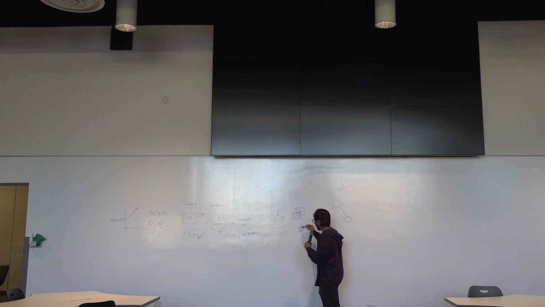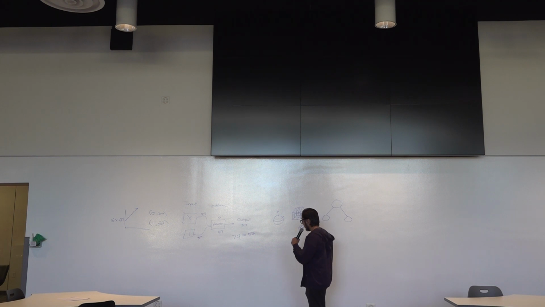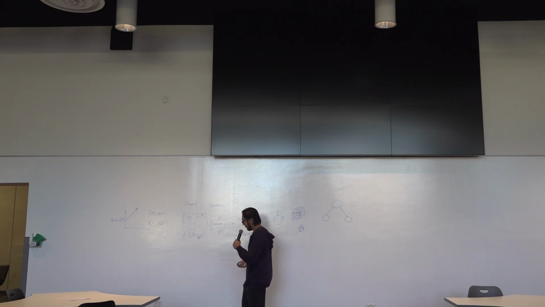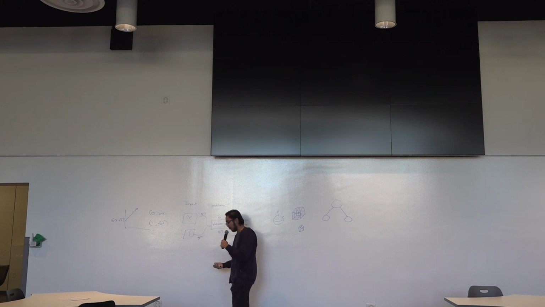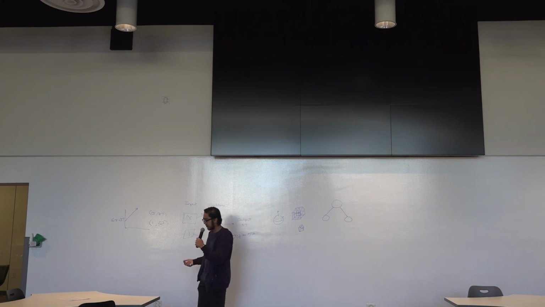But we can use that to generate a color value for each cube inside this hierarchical structure. And this presents the opportunity to increase the speed of the rendering process.